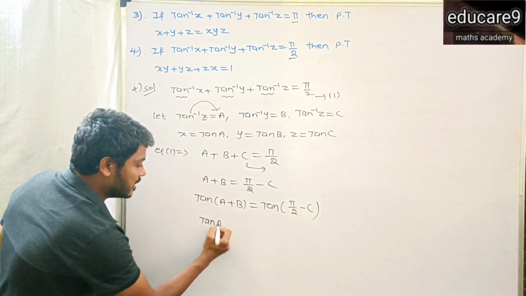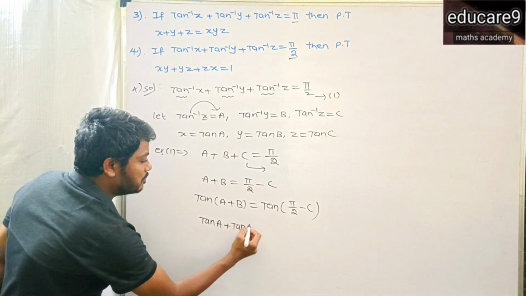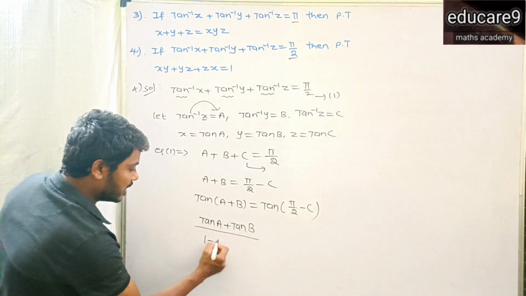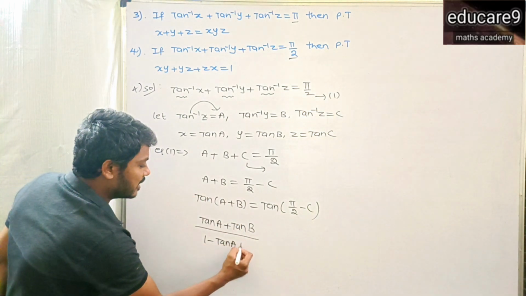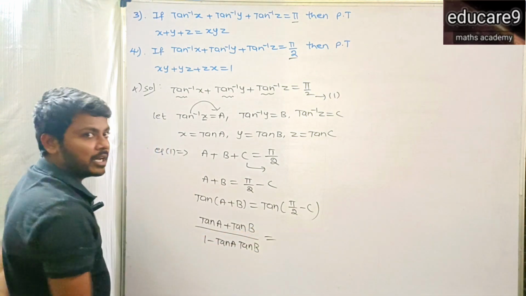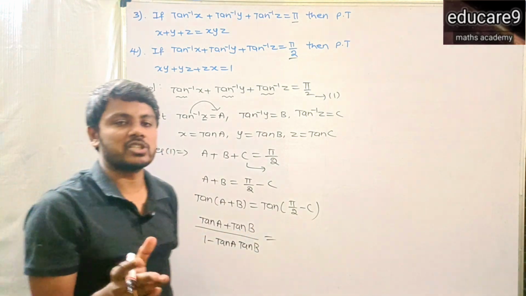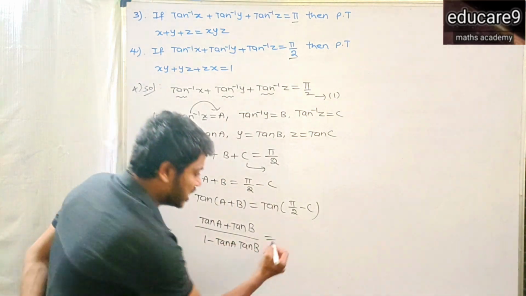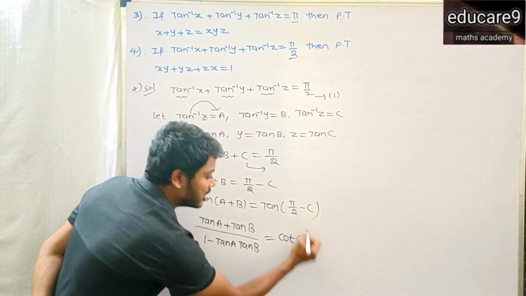This is (tan A + tan B) divided by (1 − tan A tan B), which equals tan(90° − θ), first quadrant. In the first quadrant all are positive. For 90, tan changes to what? Cot.